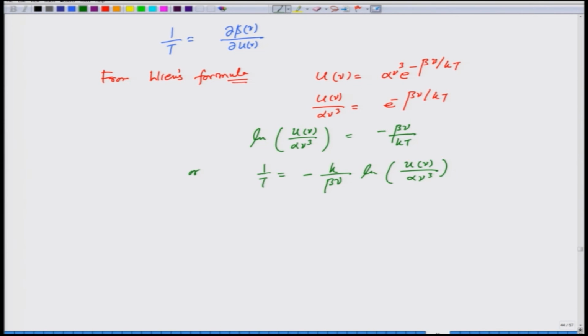And therefore, I have 1 over T, which is minus k over beta nu log of u over alpha nu cubed, equals d s nu over d u nu.